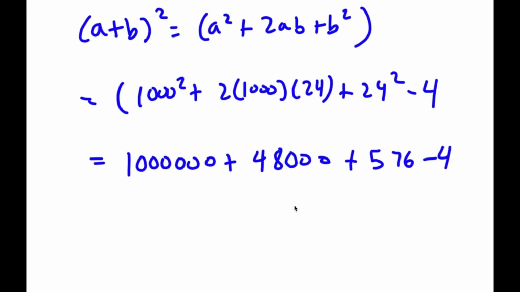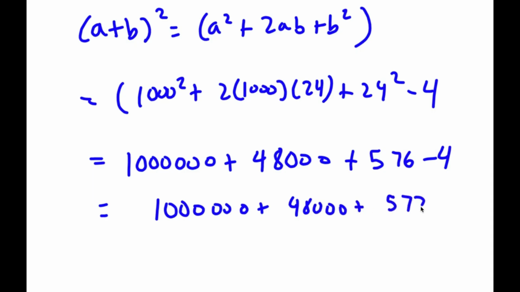So now, I'm going to go ahead and simplify all of this. Let's first start from the end and work our way up. So 576 minus 4, that's 572. So now I have 1 million plus 48,000 plus 572.